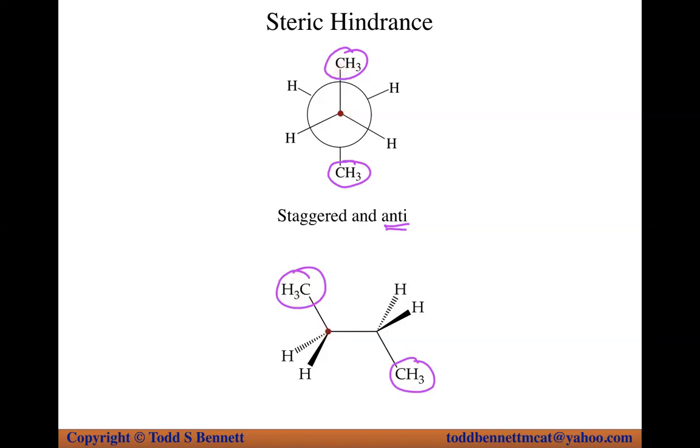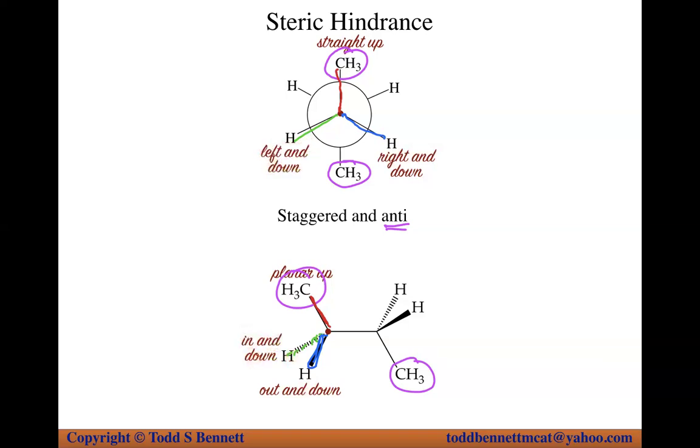Okay, front carbon, red dot. This is my CH3, so I'm just going to draw red for that, green for that, and blue for that one. Planar up, straight up and back. Right and coming down, out and down, and then left and down, in and down. Okay, that's the front carbon.